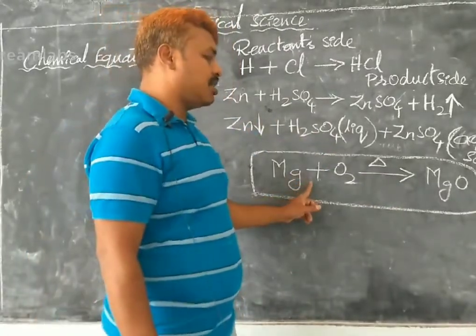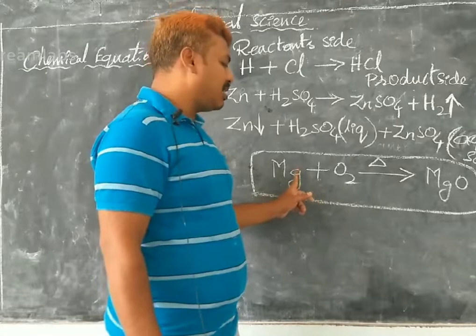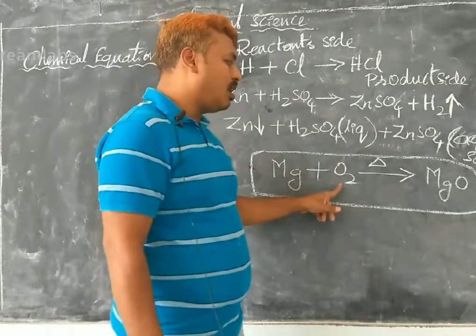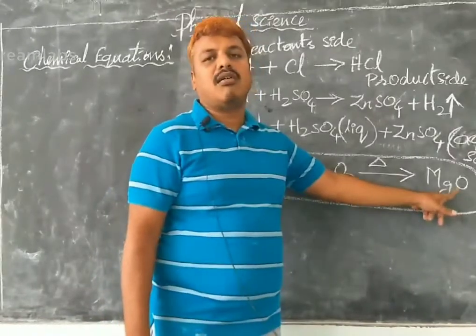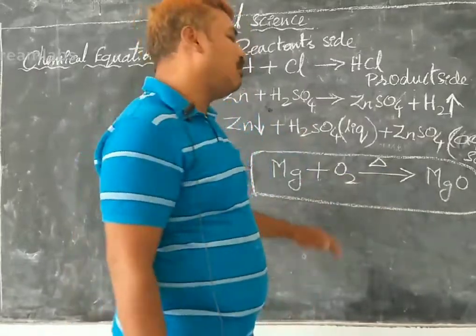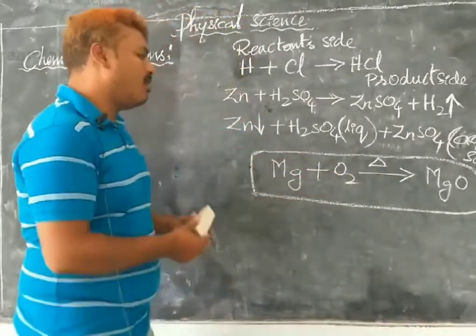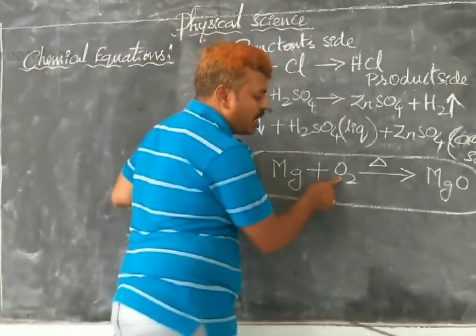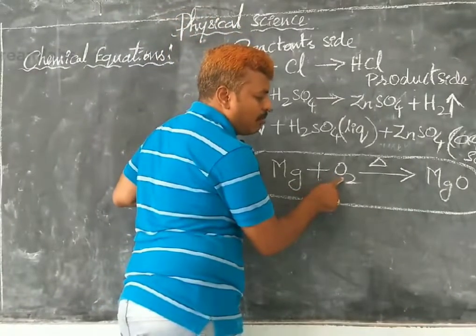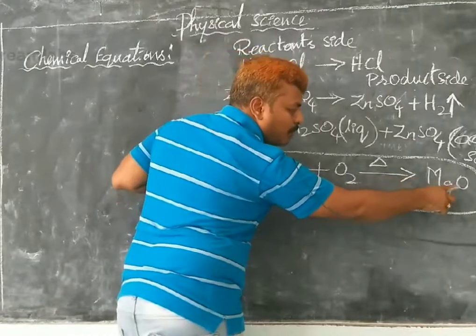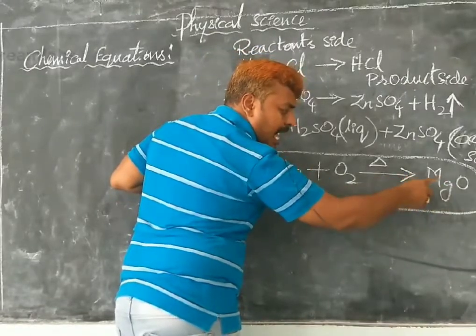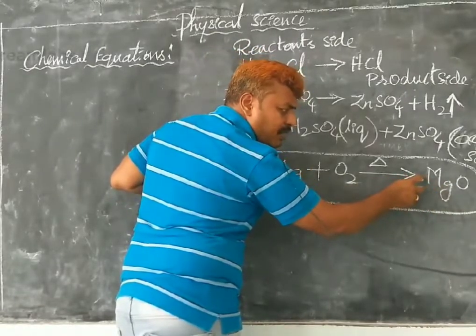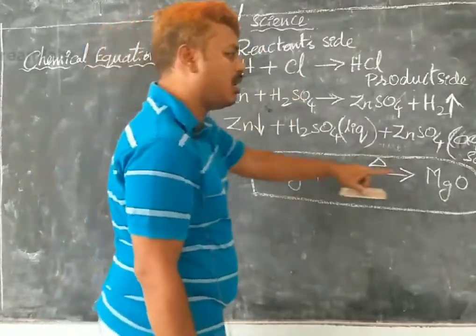But in this equation, you can see the reactants are more and on the product side the atoms are fewer. Now we need to balance this equation. How do you balance it? How many oxygens are there? Here 2 oxygens are there. So we need to add 2 in front of the molecule, not to the oxygen.